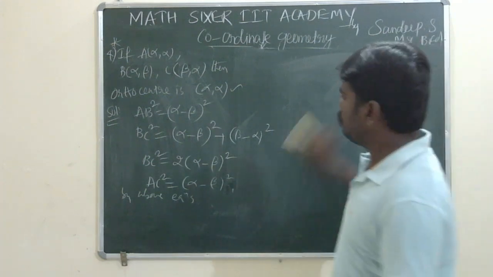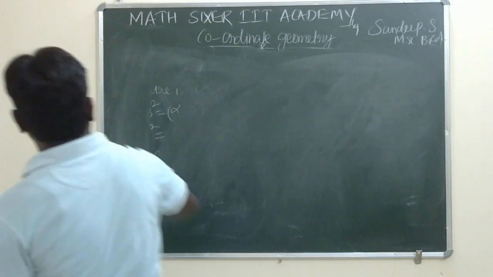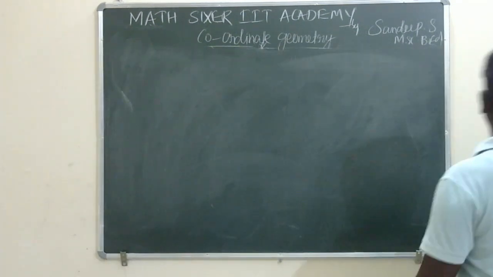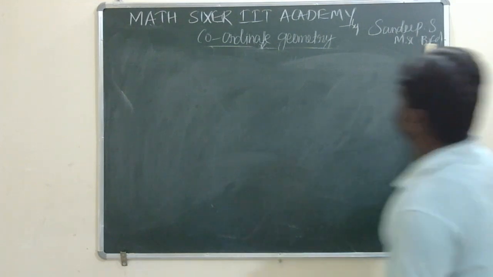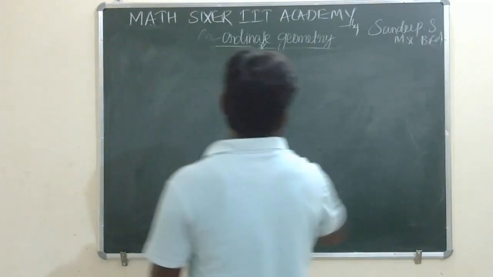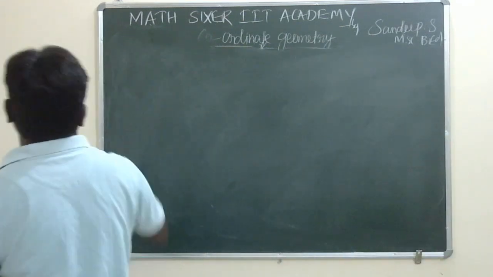So next we have one more important center for a triangle. That is the 9-point circle.